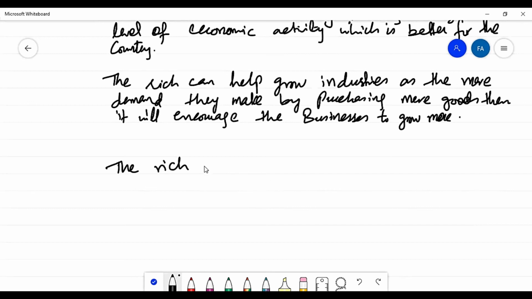The rich. We can write this rather than writing that the rich will not benefit.